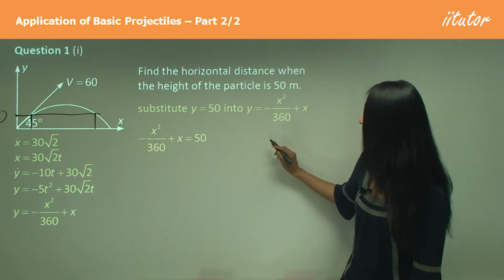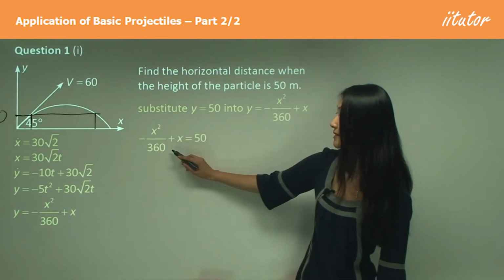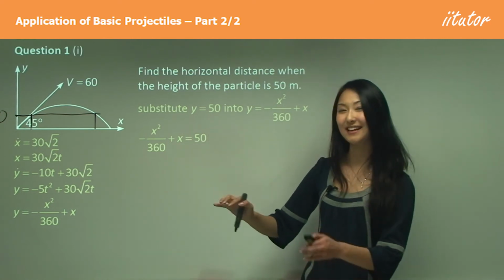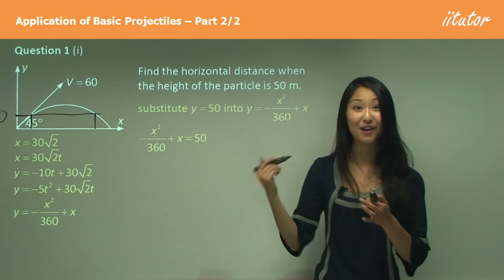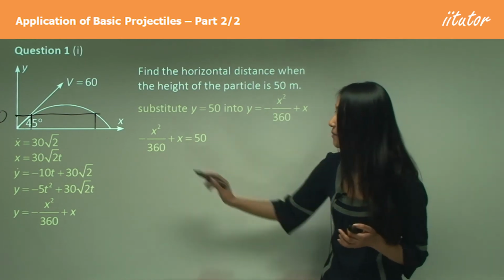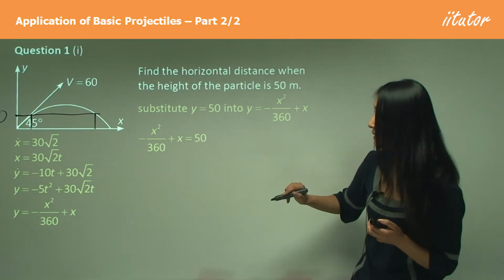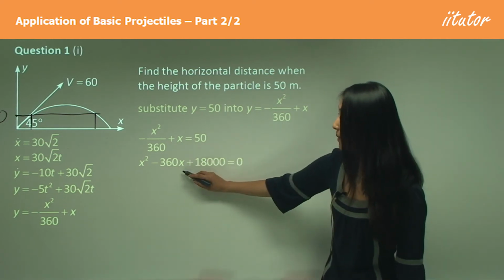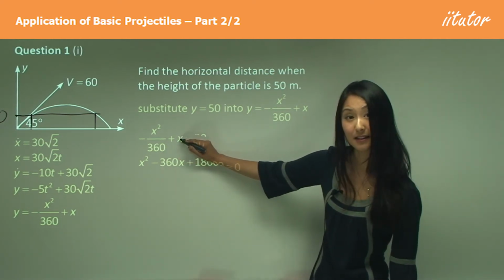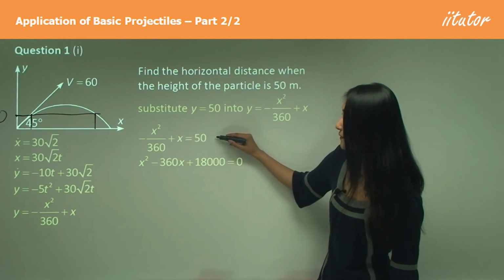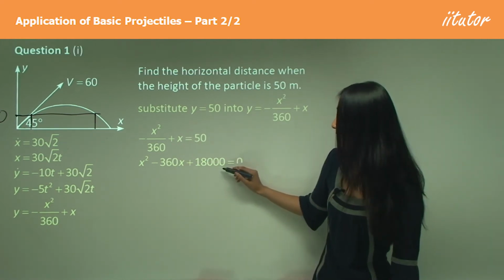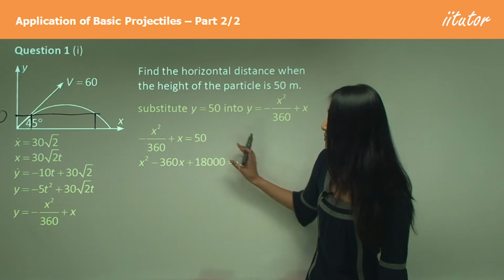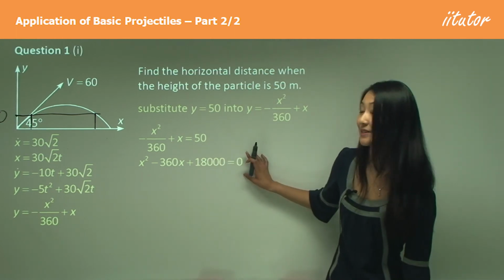So you have 50 equals negative x² on 360 plus x. You can see that kind of looks like a quadratic equation, right? So multiply everything by 360 and then get rid of the negative, and you get x² minus 360x, because that's multiplied by 360. 50 multiplied by 360 is 18,000 here. We've just moved that over to get this quadratic.